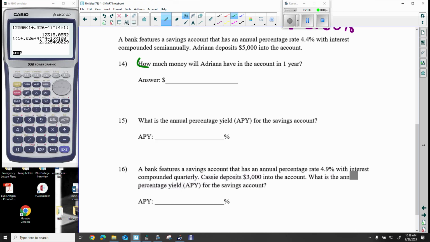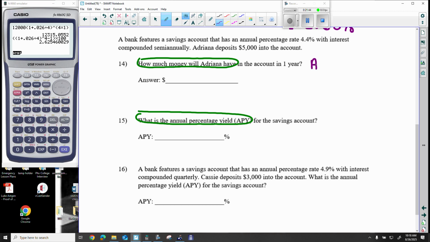All right. How much money will you have? What is the annual percentage yield? So how much money will you have?